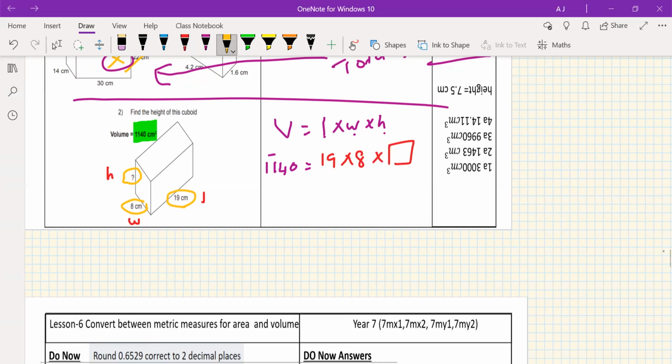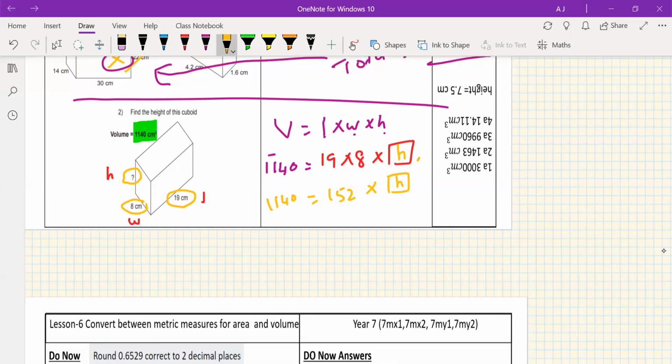So that's why I'm going to put a box there. I'm going to put height inside the box. So let's go and solve this. If I times 19 by 8, what do I get? 19 times 8, I will get 152, times the height, which I still don't know. So I'm going to keep it in the box, times the height. Volume doesn't change, 1,140 is still right there.